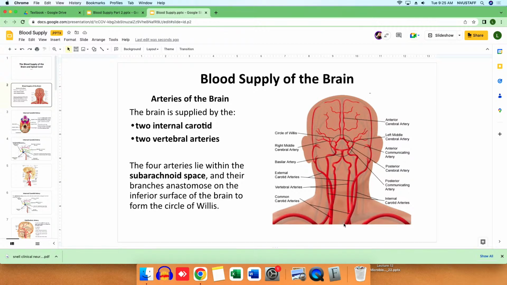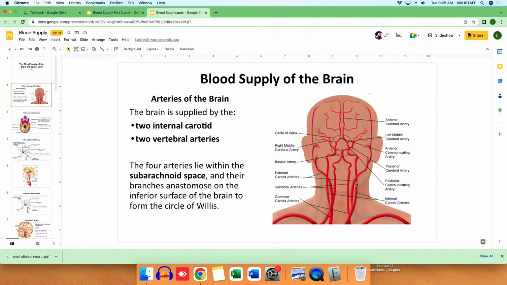So here we can find common carotids on both of the sides, and here we can find the subclavian arteries on both of the sides. The common carotids, that's why we call them common, will bifurcate into the external and internal carotid arteries.